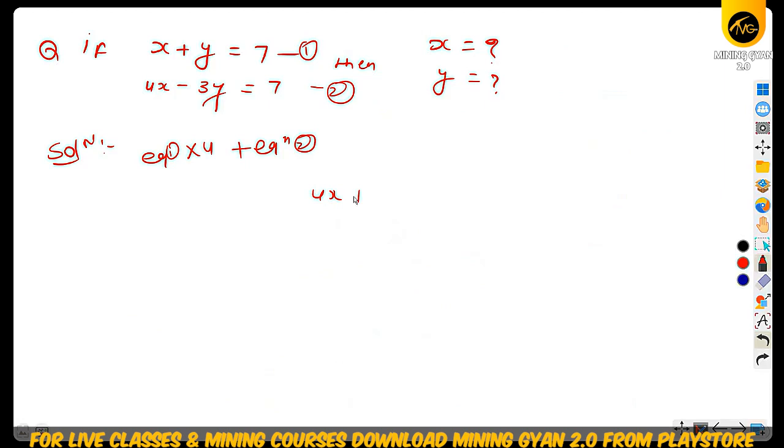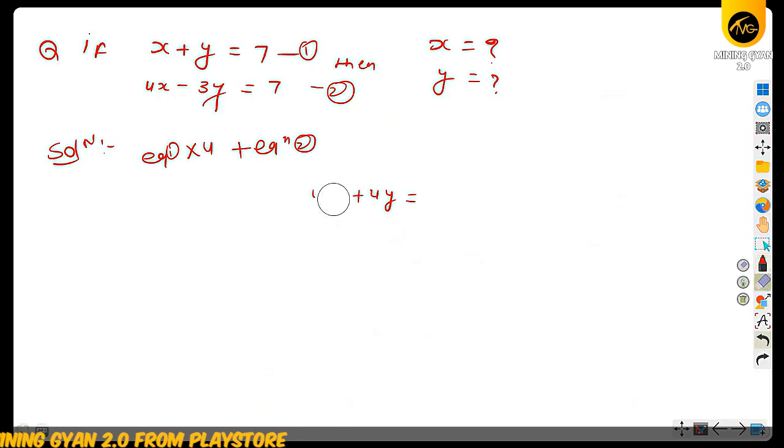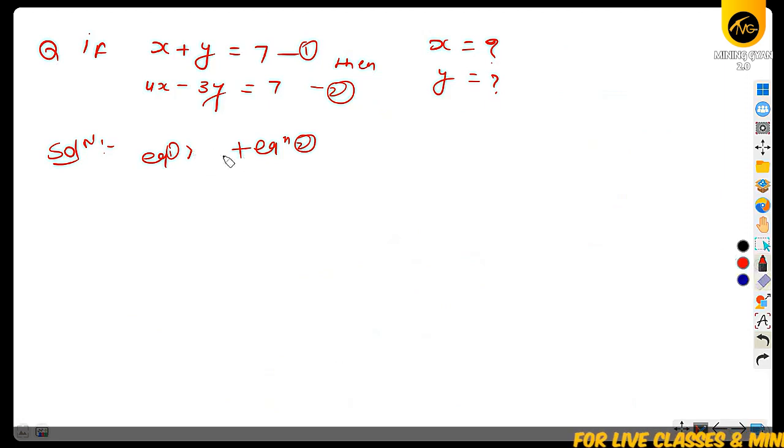Okay, so 4x plus 4y is equal to, or we can say that 3, na? We can also multiply equation number 1 by 3.